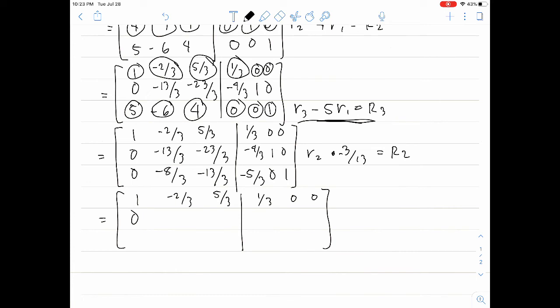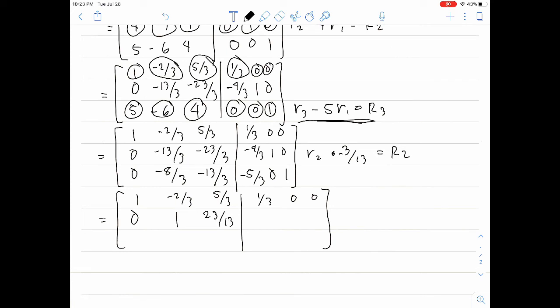Negative 13 over 3 times negative 3 over 13 is 1. Negative 23 over 3 multiplied by negative 3 over 13 is 23 over 13.